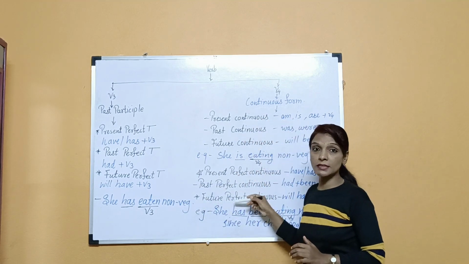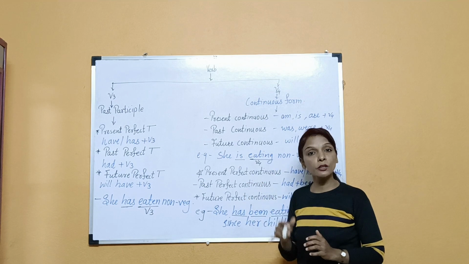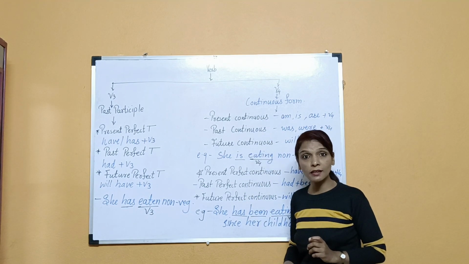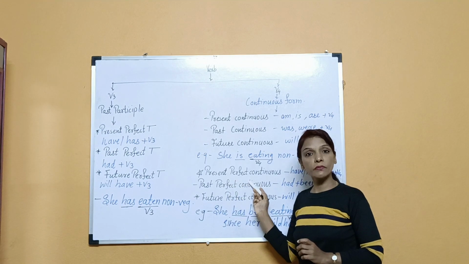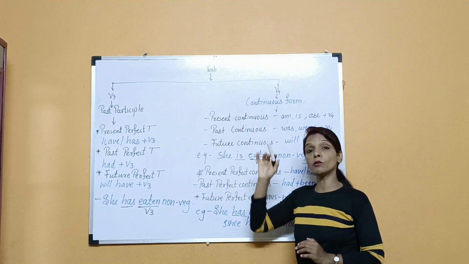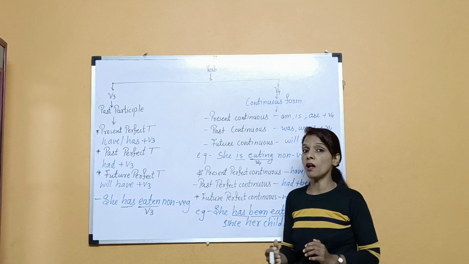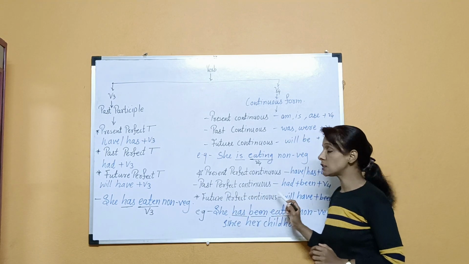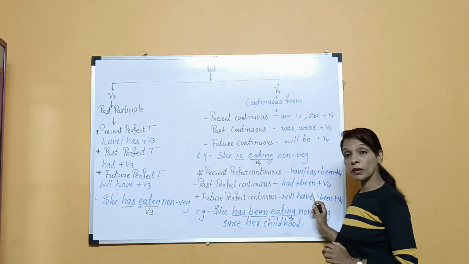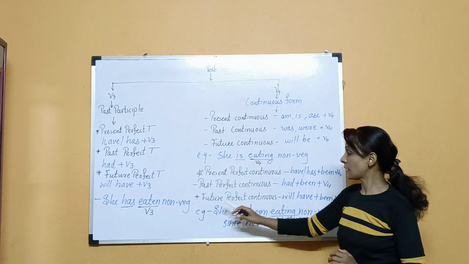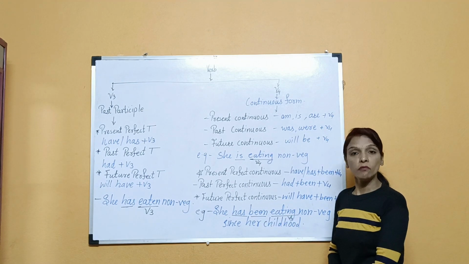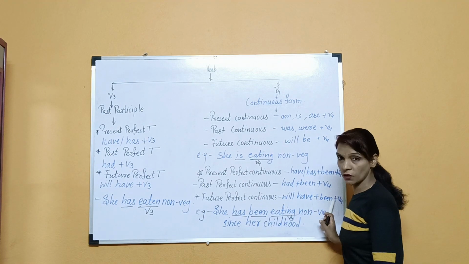So these two tenses talk about a continuous action, but present continuous tells about the current action and present perfect continuous is telling about an action which has been carried on for a long time. Next, past perfect continuous tense is used with had, been and the V4 form. And the next one, future perfect continuous, is used with will have, been and the V4 form.